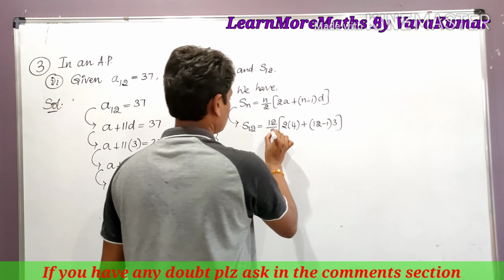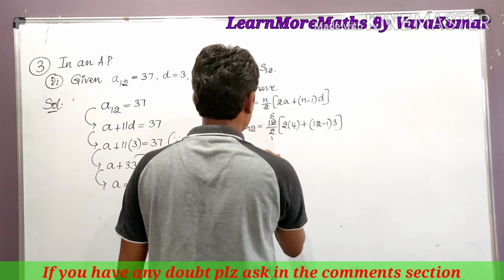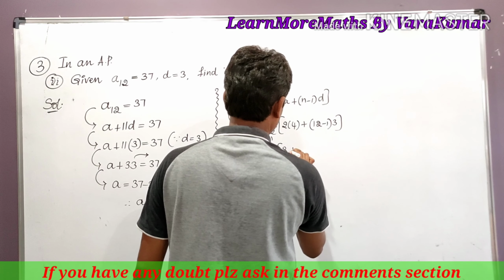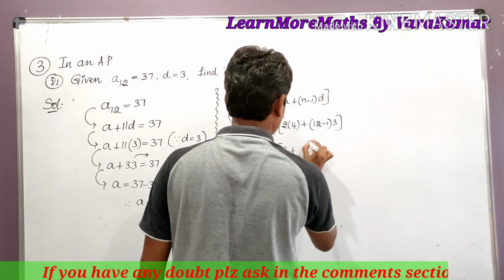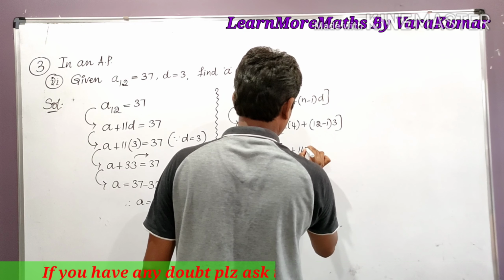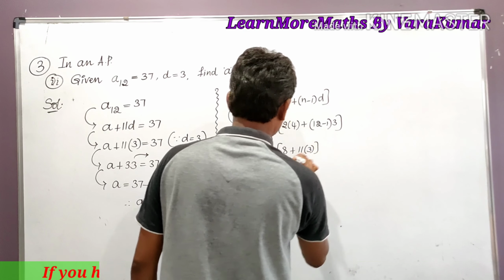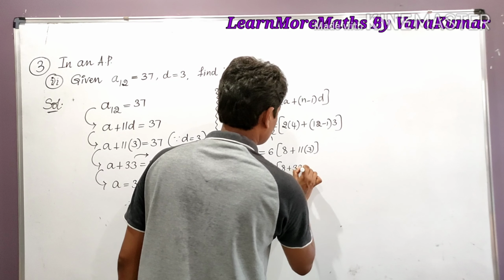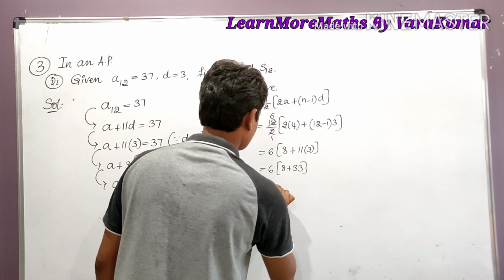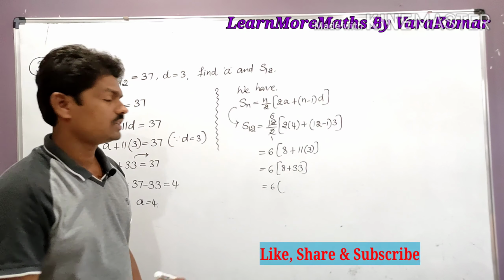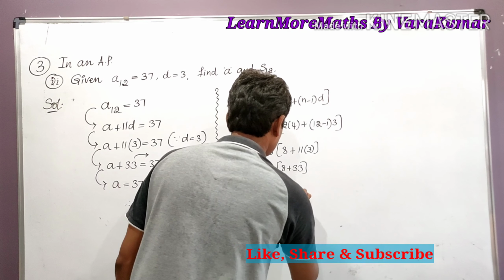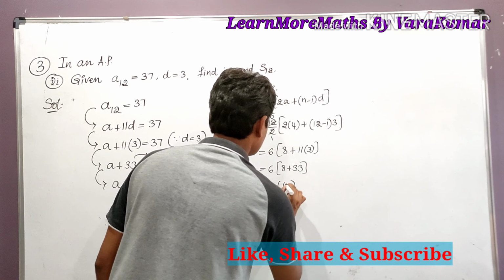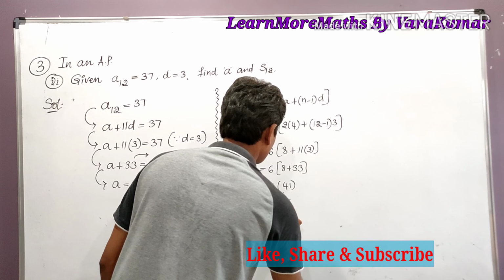By cancelling, 2 ones are 2 and 2 sixes are 12. So 6 into 2 into 4 is 8 plus 12 minus 1 is 11, 11 into 3. So 6 into 8 plus 11 into 3, which is 33. 8 plus 33 is 41, student. We have to multiply 6 into 41. 6 into 1 is 6, 6 fours are 24.